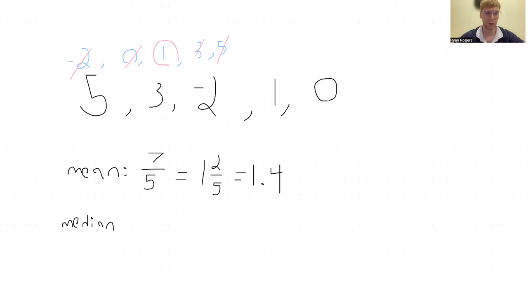Now, what if there is an even amount of numbers, right? Let's say just for fun, we're going to add in right here a 2, right? And so when I cross it out, now I have two middle numbers. I have 1 and then I have 2. The thing we're going to do is we're going to add 1 plus 2 equals 3 and divide by 2. So we're taking the average, the mean of those two numbers.